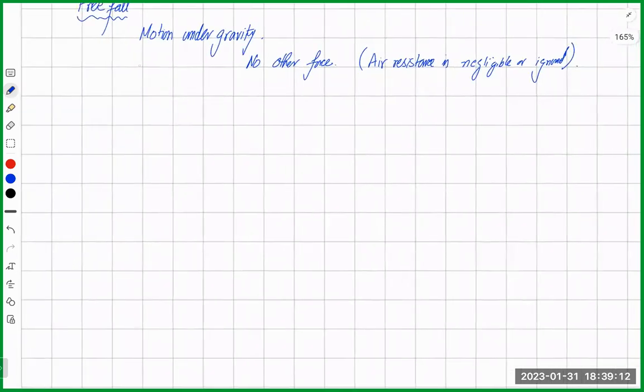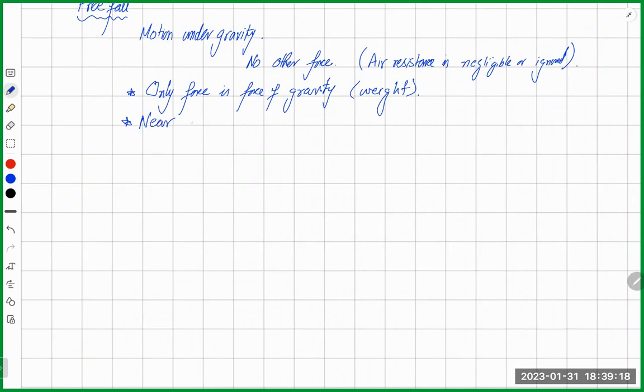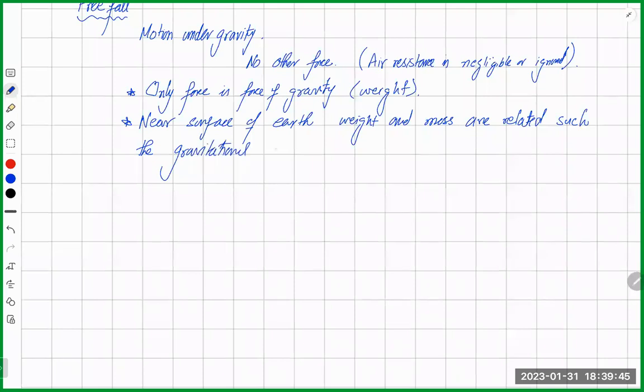Near the surface of Earth, weight and mass are related such that gravitational field strength is 9.81 newtons for each kg. 9.81 newtons per kg.